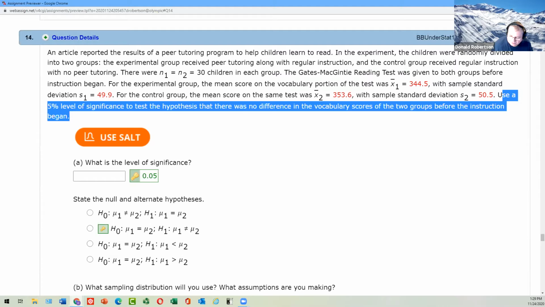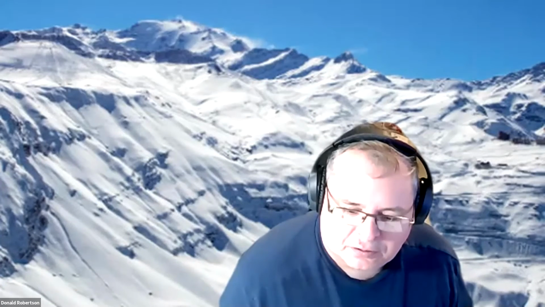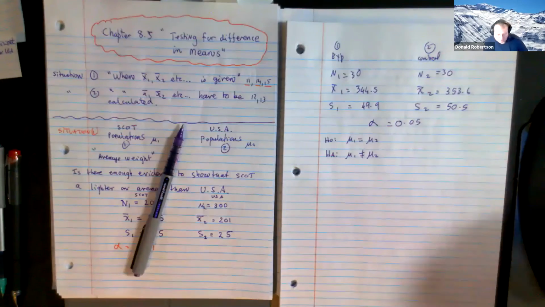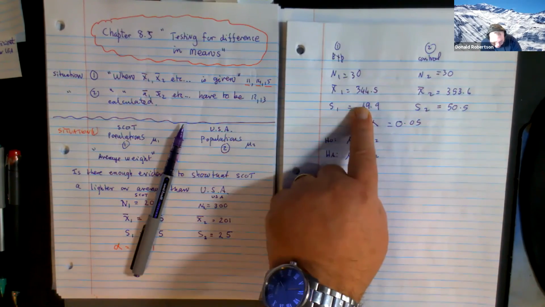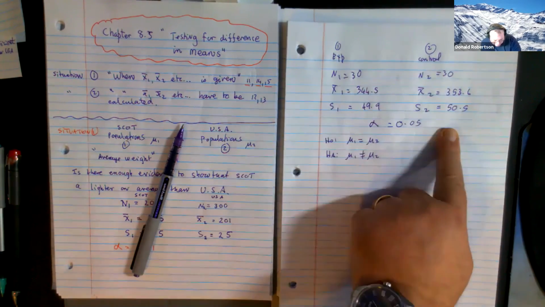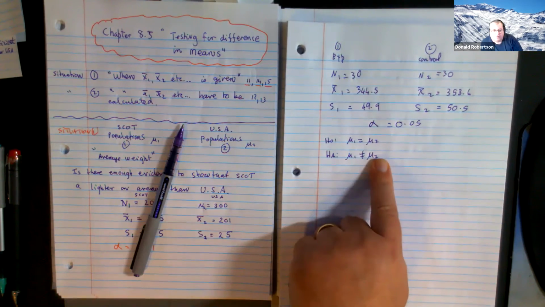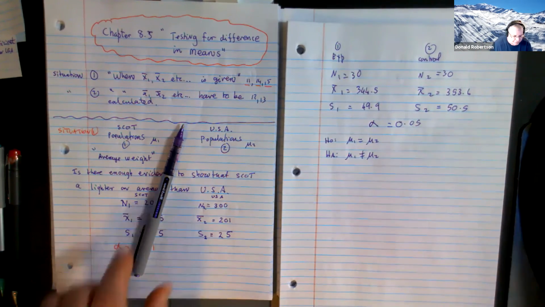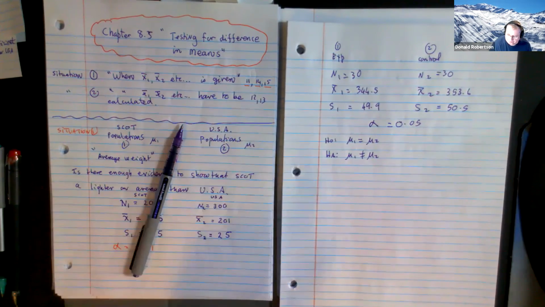So let me show you what I've just written down, and we'll see how that works out. Experimental group, control group, sigma, null hypothesis. So pretty similar to what's going on over here.